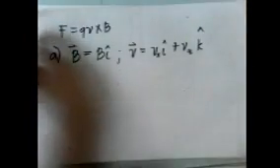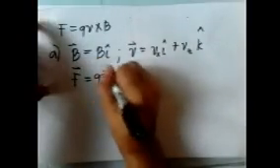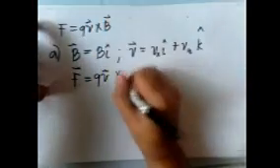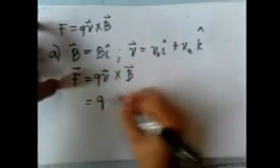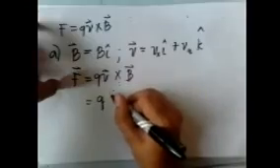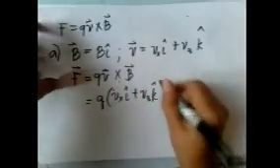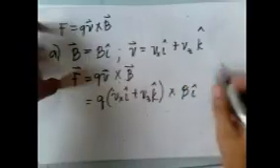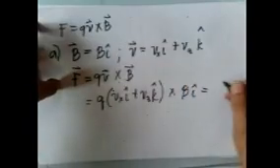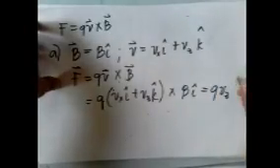So it will yield from the equation F equal to QV times B, this is equal to Q times Vx i hat plus Vz k hat, times B i hat, which results in QVz B j hat.